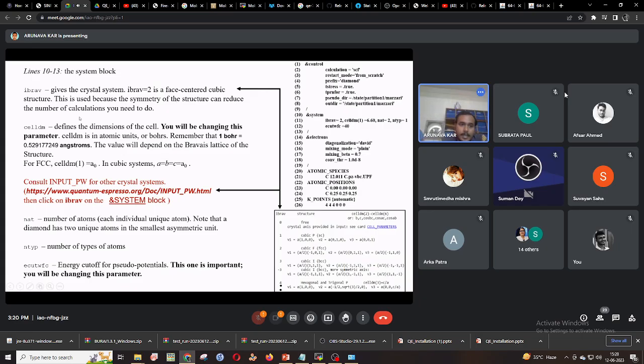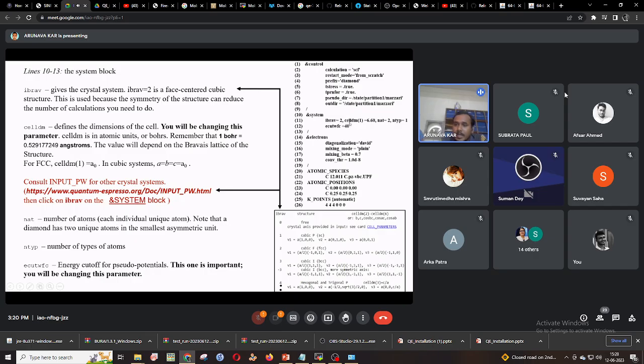Now it's celldm. This means cell dimension. Here I'm using celldm(1) as 6.60. That means we are using it as a lattice constant. As we are using ibrav equal to 2, it's a face-centered cubic structure, so its a, b, c are the same.